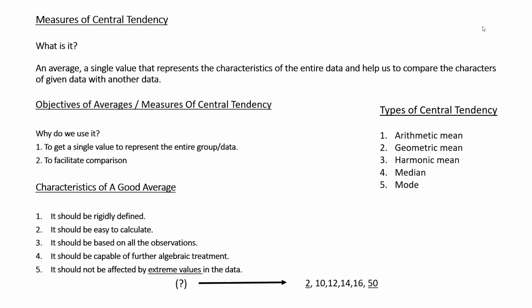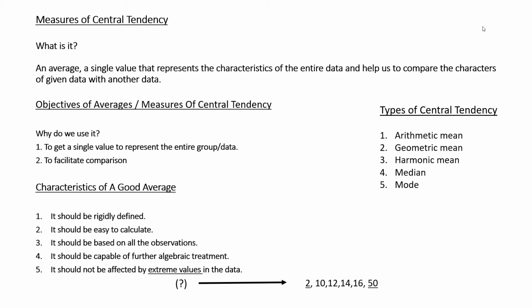So now we are very clear that we need some averages, some central value to represent a group, to represent data. Now we cannot just use any figure to represent the value. We cannot just say that any figure or any average is a good average. Yes, obviously we will use some central value and calculate the figure, but whatever result comes should not automatically be called a good average.